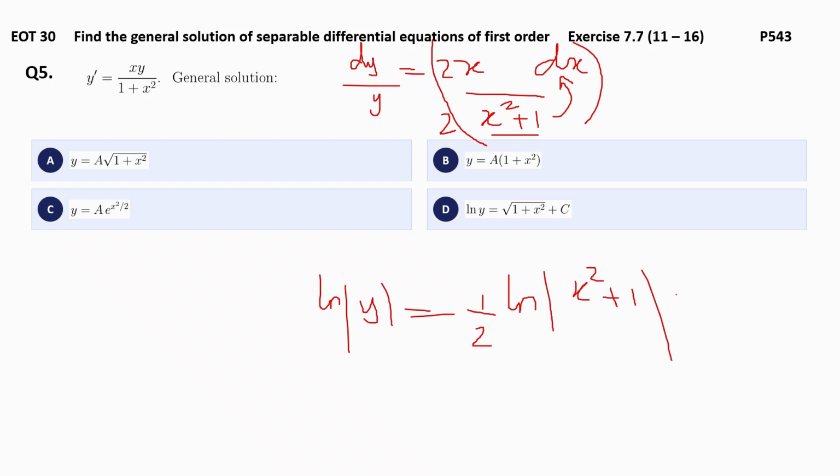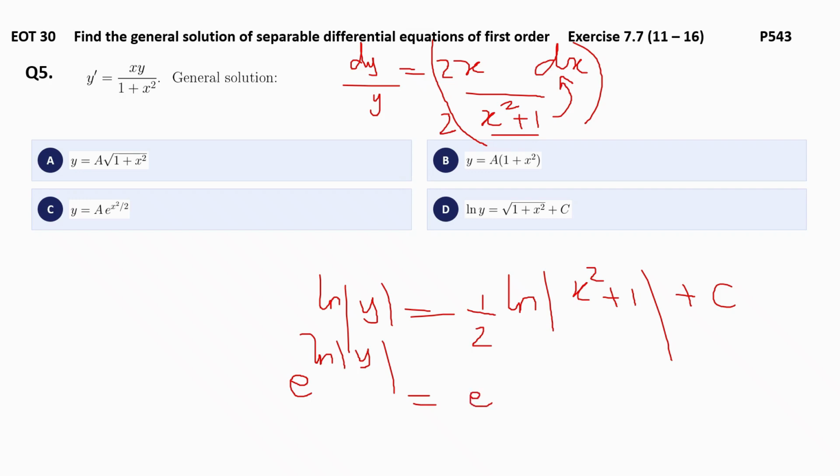How to remove ln? You will go for the e power concept. When you lift both sides to the power of e, your half can be written actually as root of x square plus 1.